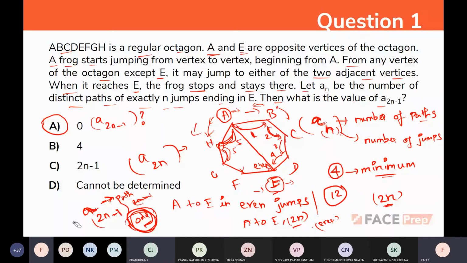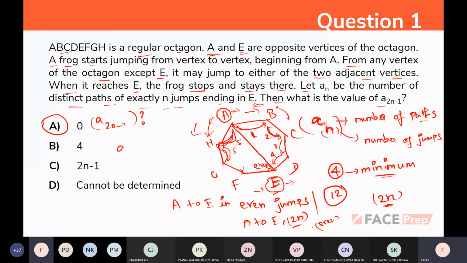Yes, sir. What is the final question, sir? Like, the number of distinct paths to reach E, then what is A to N minus 1? Here they have given AN.